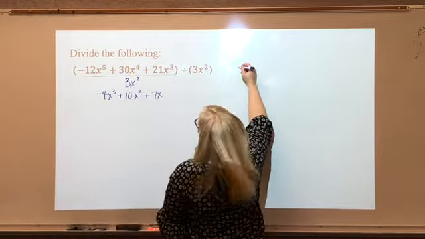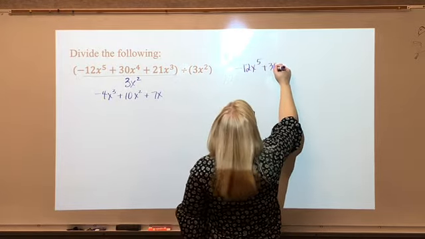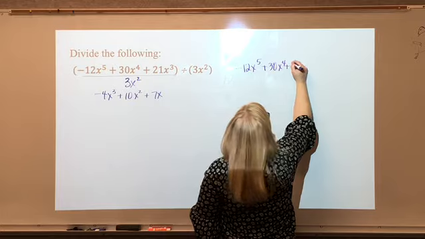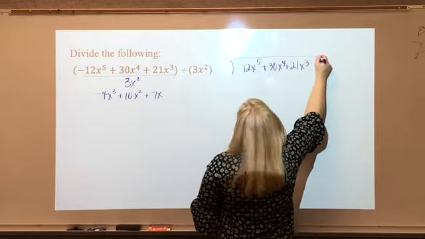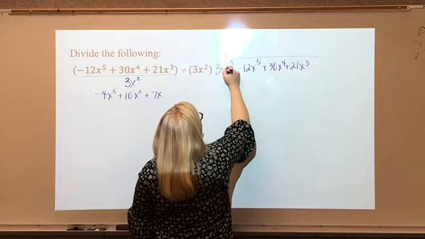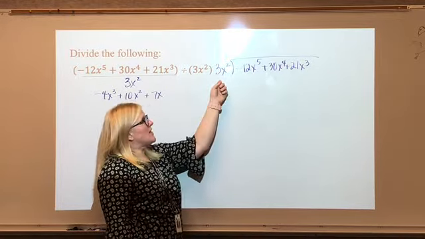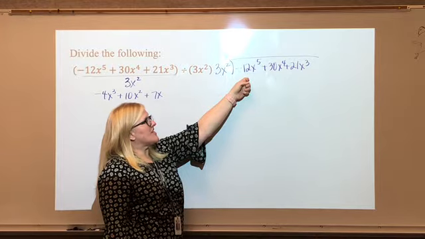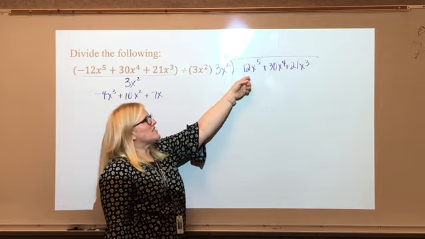So I've got negative 12x to the 5th plus 30x to the 4th plus 21x to the 3rd. This is divided by 3x squared. All right, 3x squared goes into negative 12x to the 5th. Basically we're dividing.